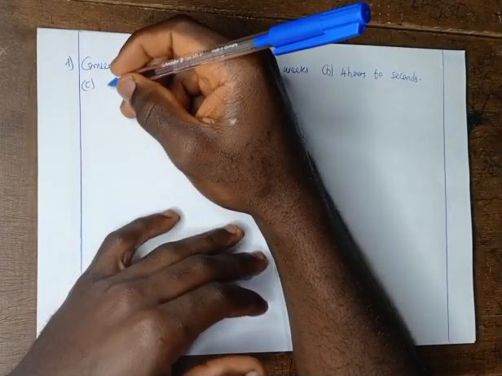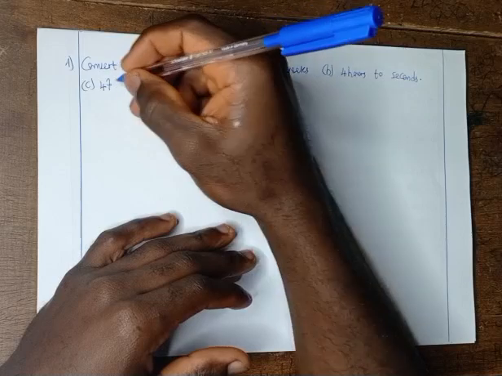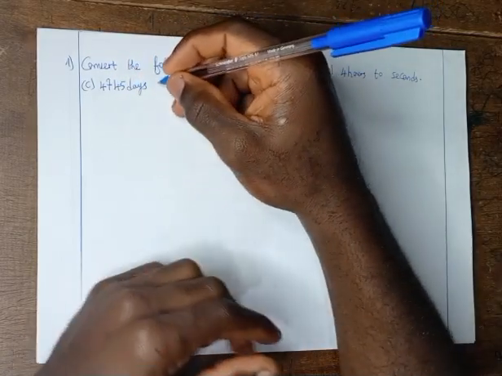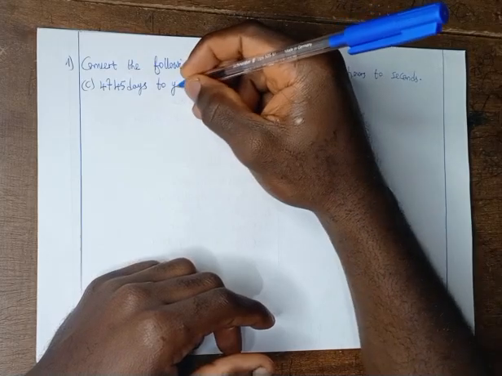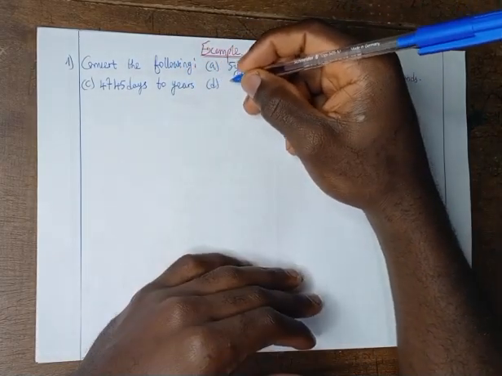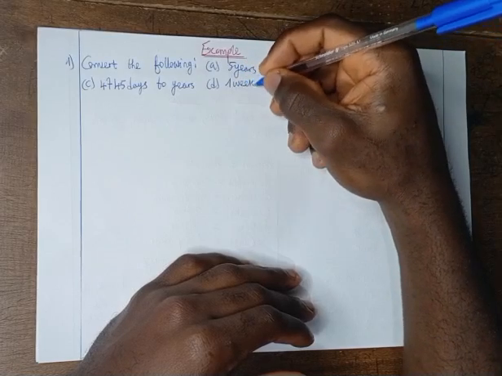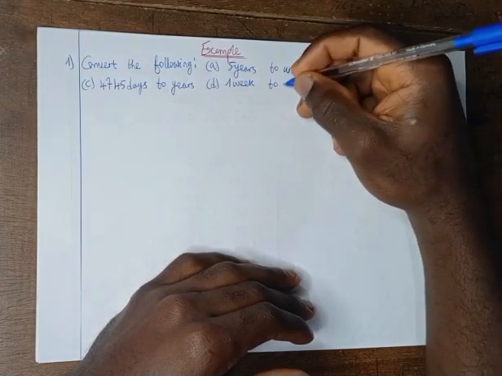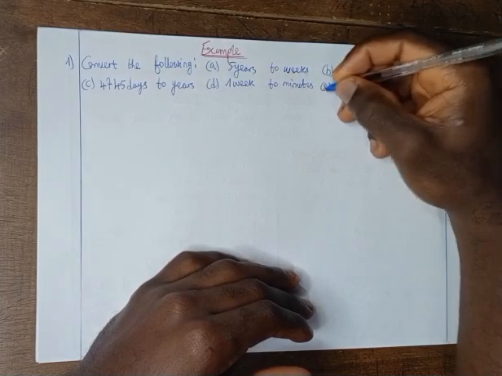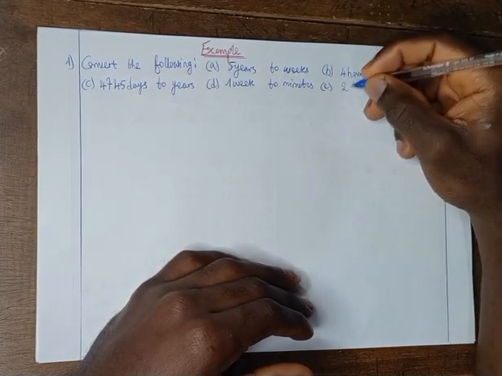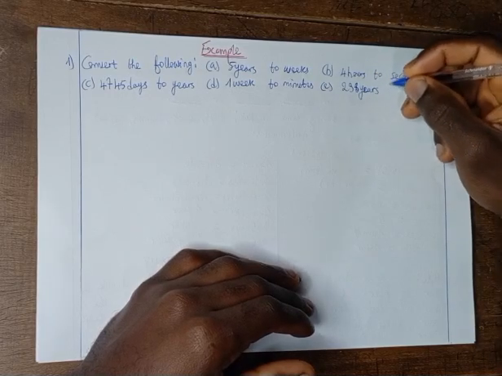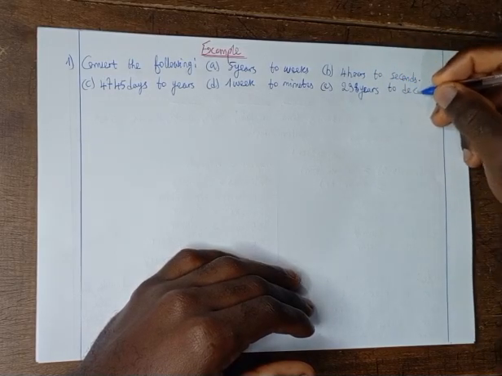For C, we have 4,745 days to years. For D, we have to convert 1 week to minutes. E, we have 298 years to decades.